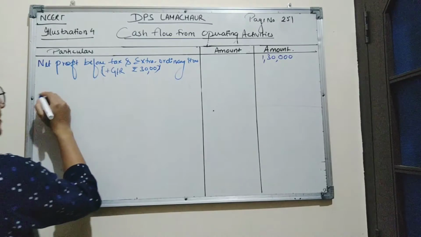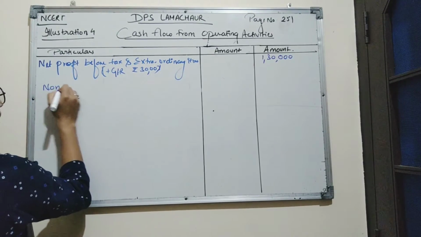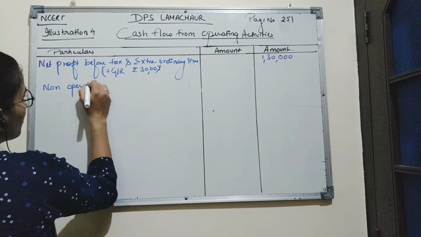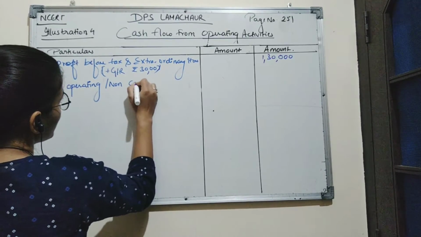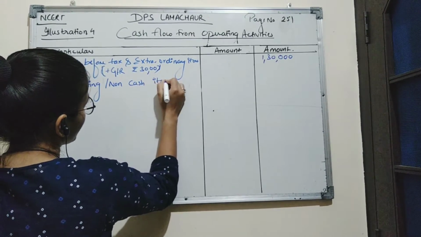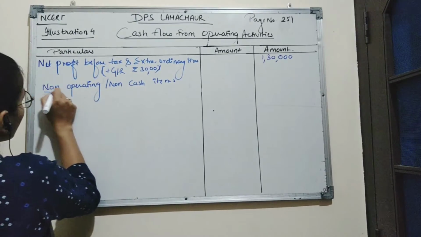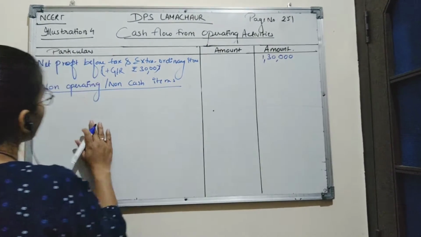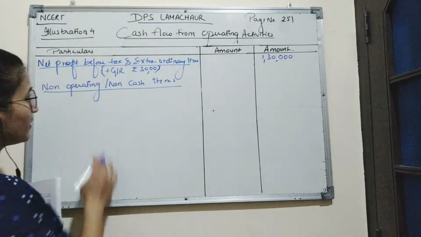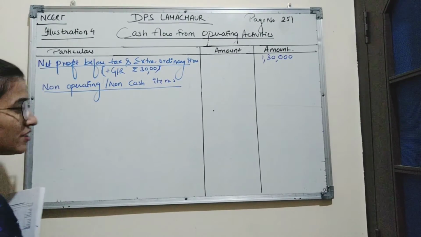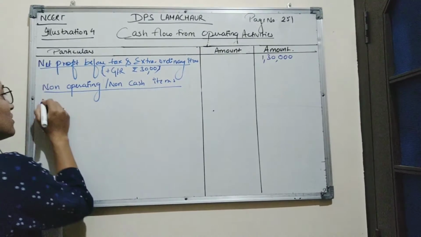Next point is non-operating or non-cash items. This is the second heading in cash flow from operating activities. First heading is net profit before tax and extraordinary items. Second is non-operating or non-cash items.